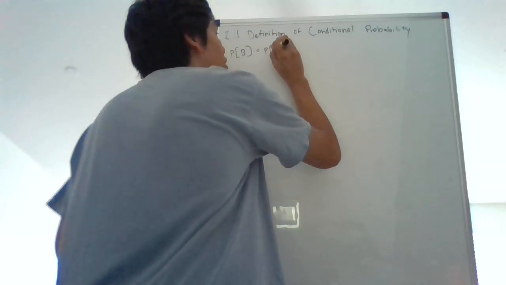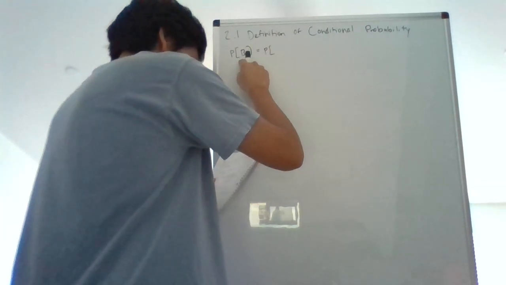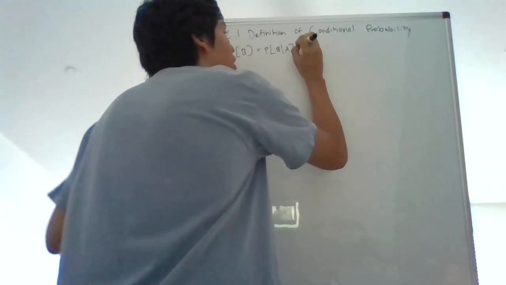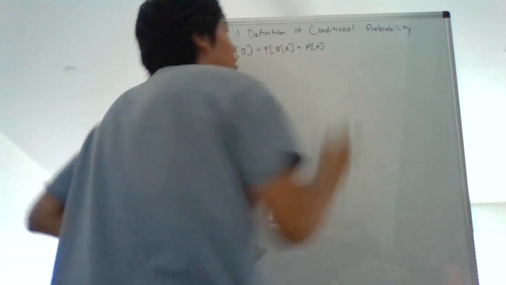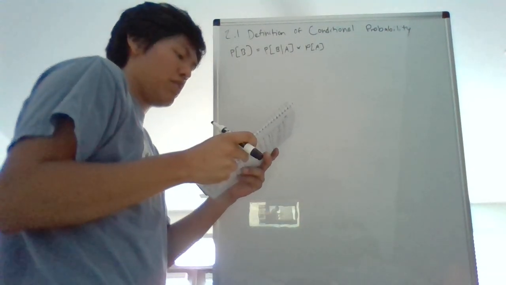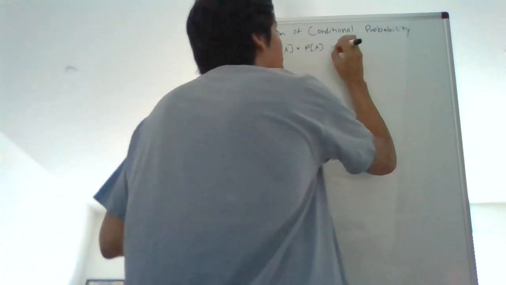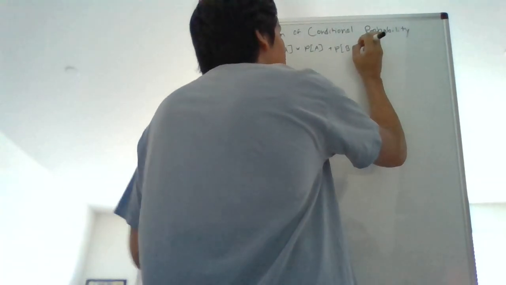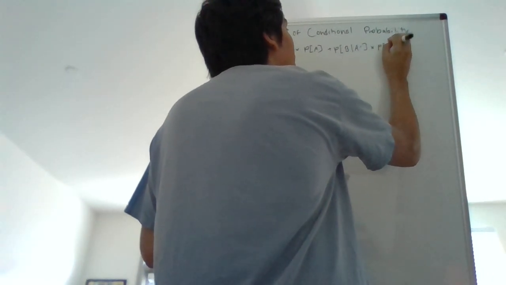The probability of B, the entirety of B, is equal to the probability of B given A times the probability of A, plus the probability of B given A complement times the probability of A complement.